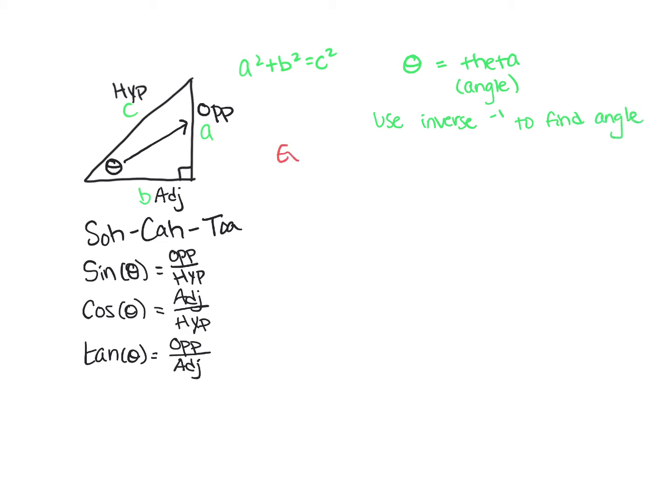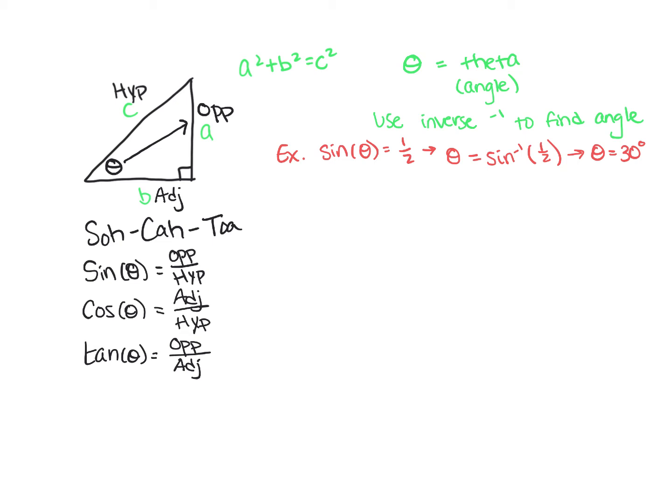So an example of that might be if you have, let's say, sine of theta is equal to 1/2. Well, in order to get theta by itself, you would use sine inverse on both sides and get sine inverse of 1/2. And then plug that into your calculator and you would get that theta is equal to 30 degrees.